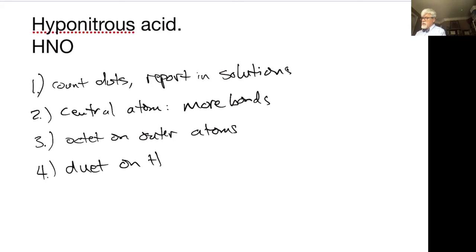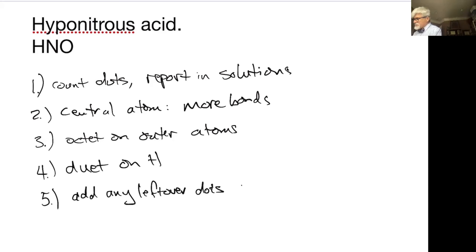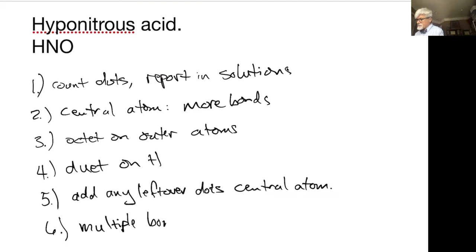Then we add any leftover dots on the central atom, or multiple bonds from an external atom to the space between that external atom and the central atom.